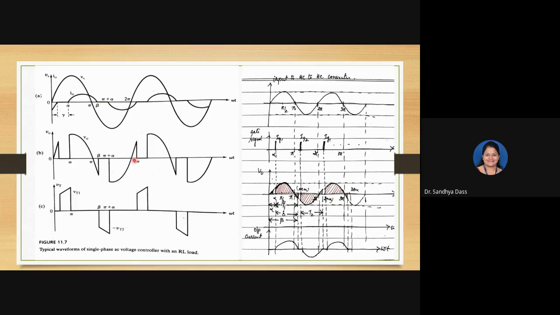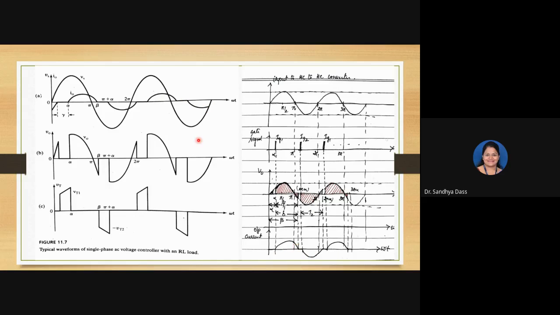When T2 is conducting, current, as you can see, is slowly rising. And for this part, it is reducing because of the inductive load. And for this duration, both the devices are turned off, there is no current, and this cycle repeats.